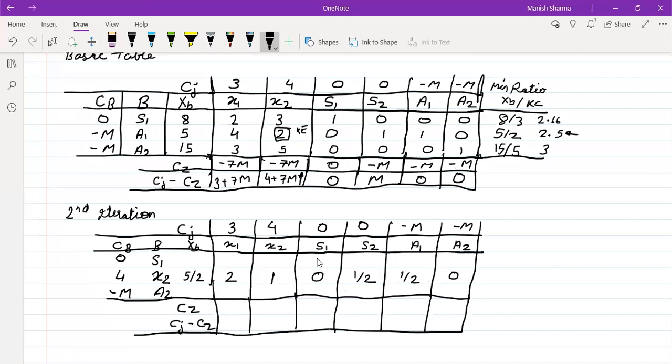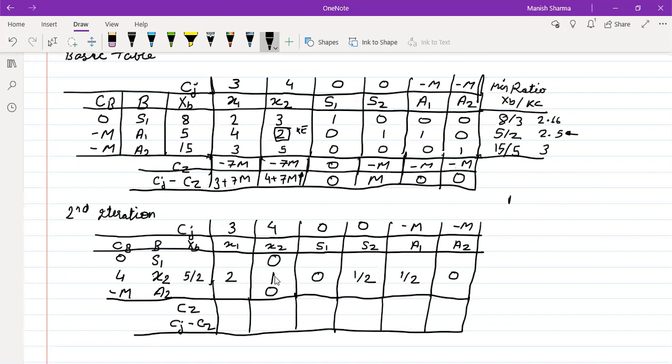After this, I need to make my key column, except for the key element, all other elements 0. The key element is already made 1. After this, we have to make this 0. This also I have to make equal to 0. So to make this element 0, I need to perform a row operation.